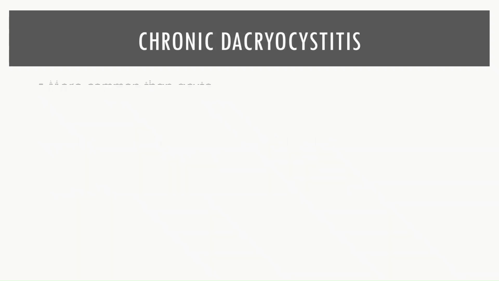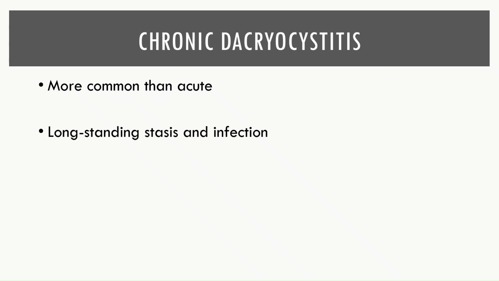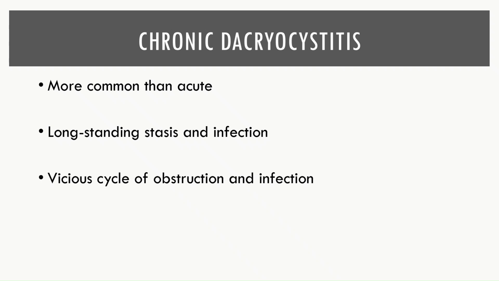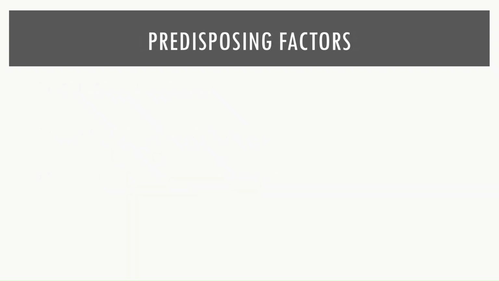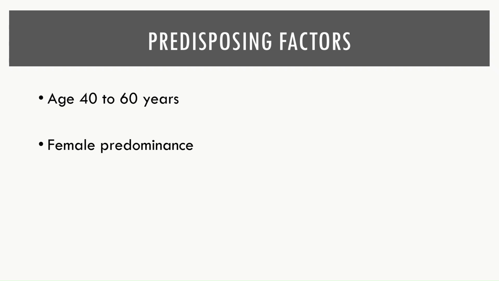Chronic dacryocystitis is more common than acute dacryocystitis and results from prolonged stasis of tears and low-grade infection. There is a vicious cycle of obstruction and infection in chronic dacryocystitis. It is commonly seen in middle-aged females.